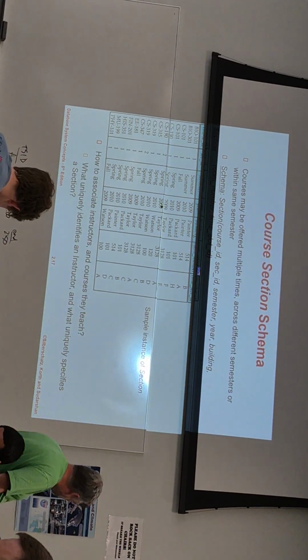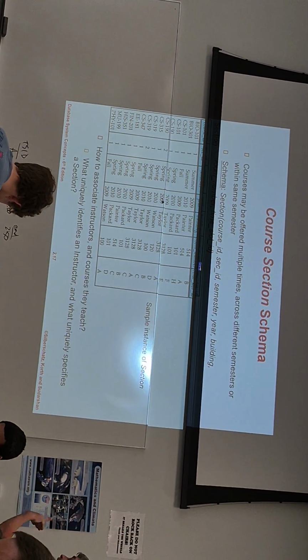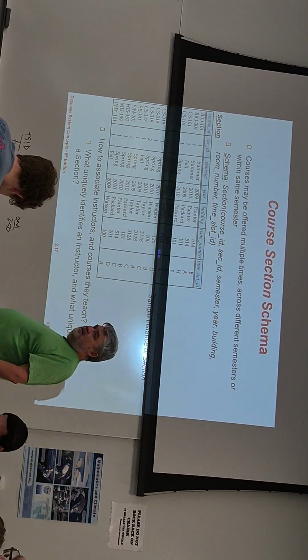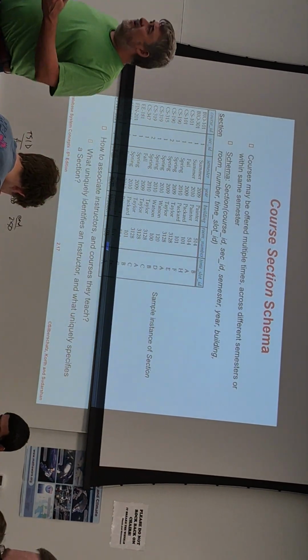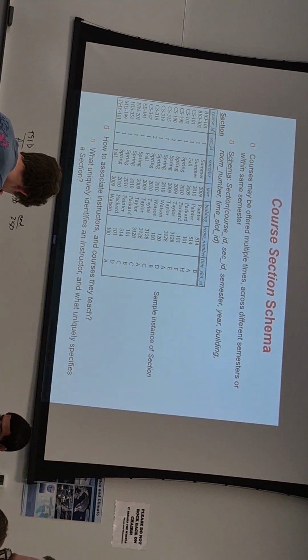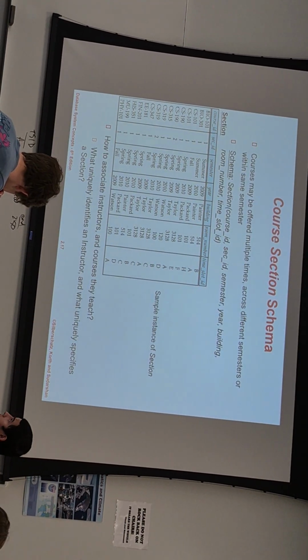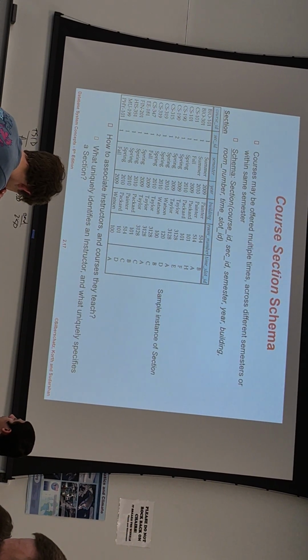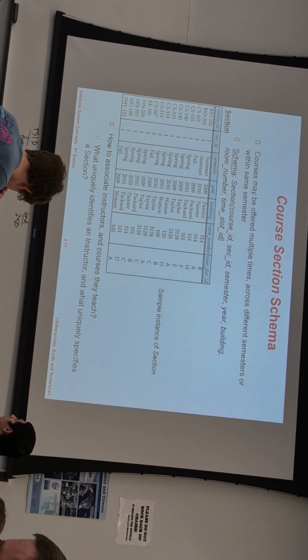Basically, it's through those lines that connect them together on same value fields. So now my question is, how could you associate instructors and the courses they teach in this schema diagram?